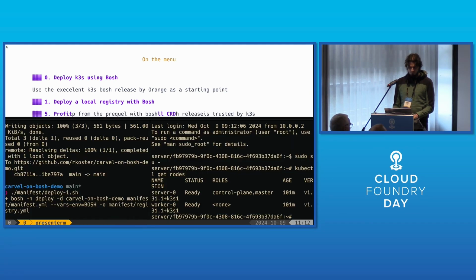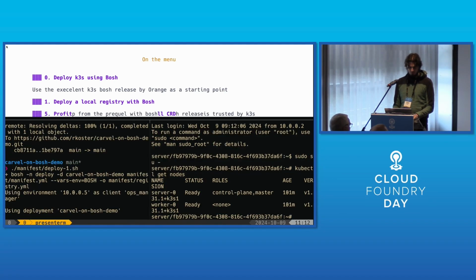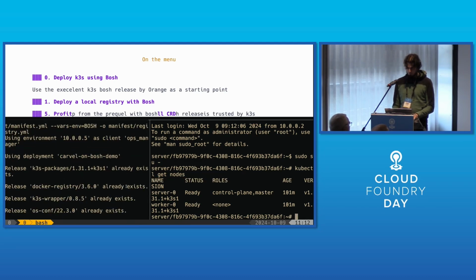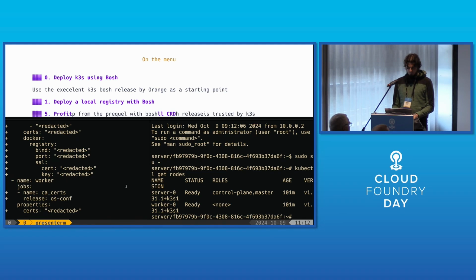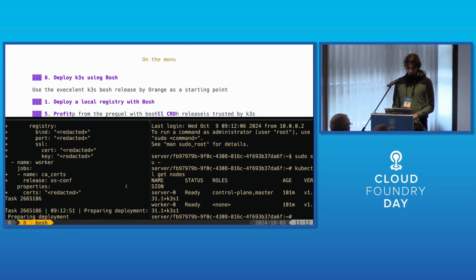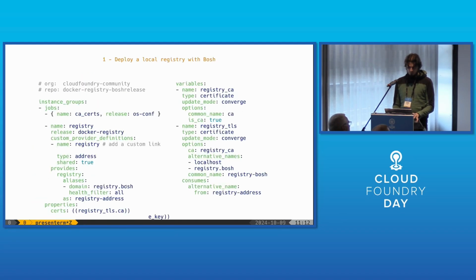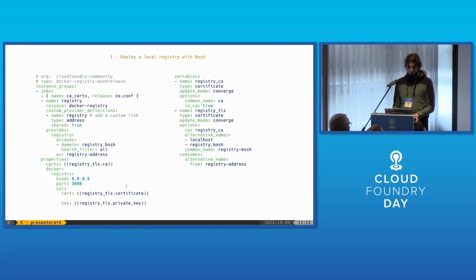These files are all available, so there's an ops file that we're applying to add a registry, and then we'll go over what that does. So the registry part: the Docker registry Bosh release.